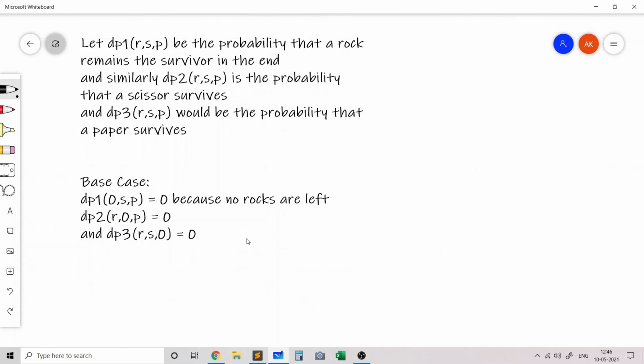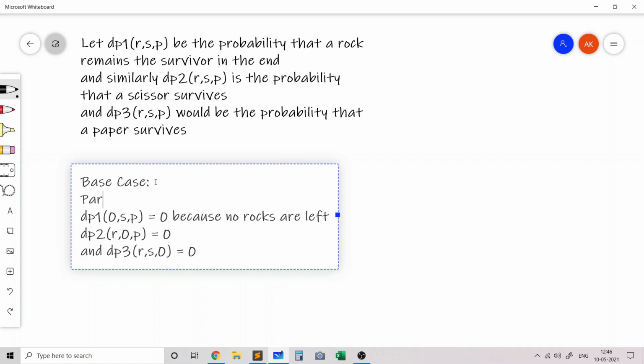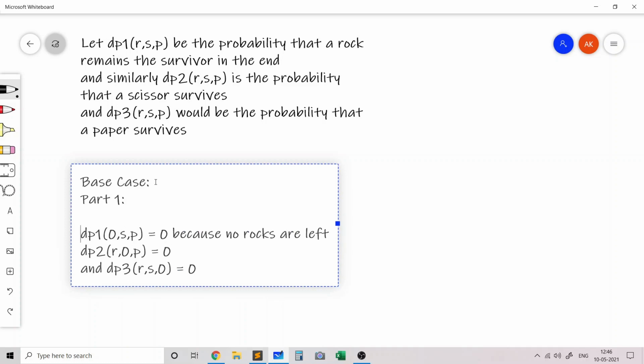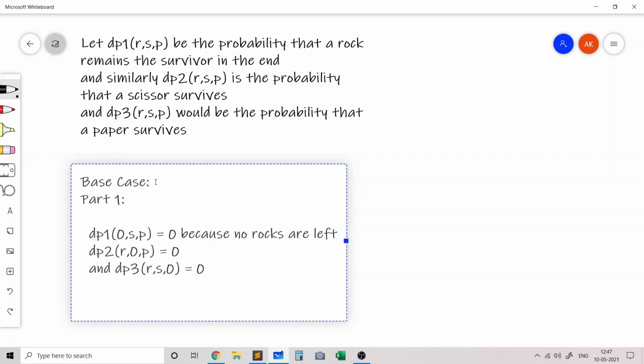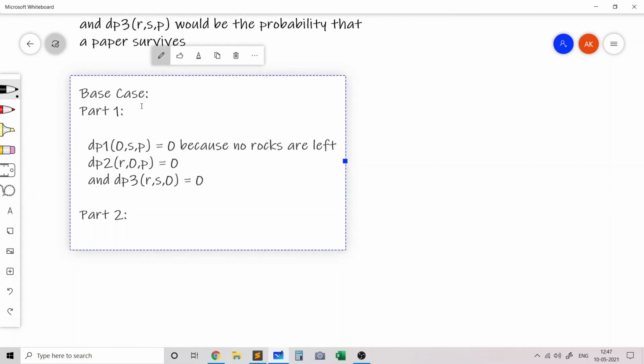In the second part of our base case, we need to take into account the case when a rock remains in the end. So if there are some rocks left, DP1 of R, 0, 0 is 1 because only rocks are left.